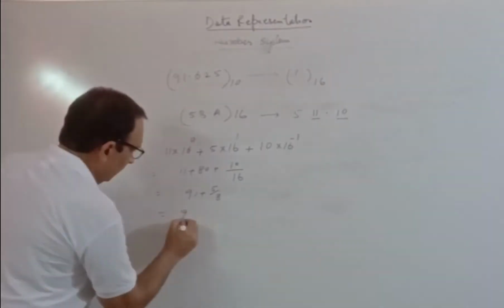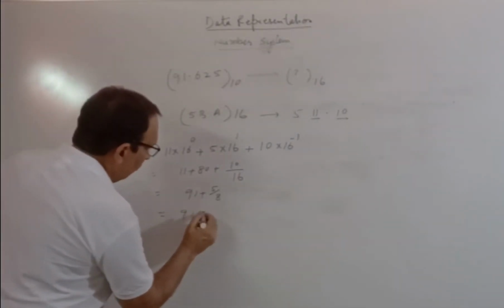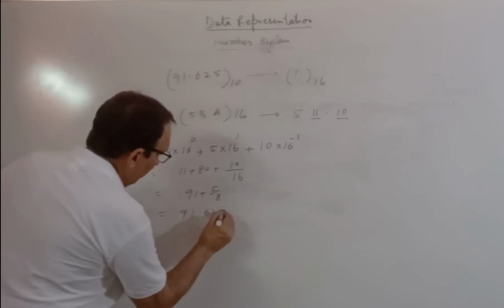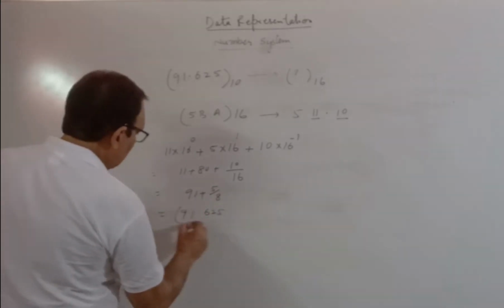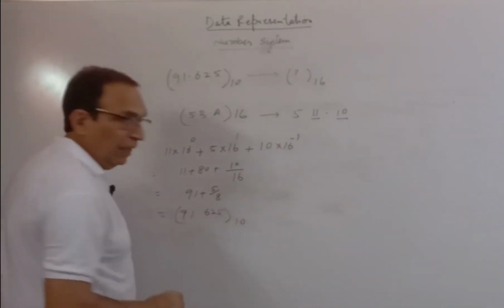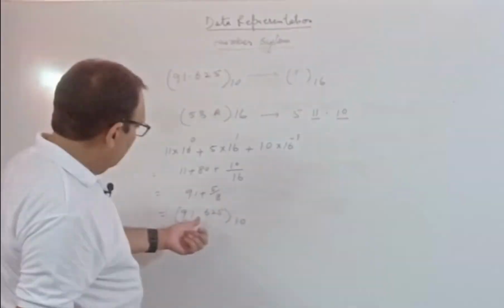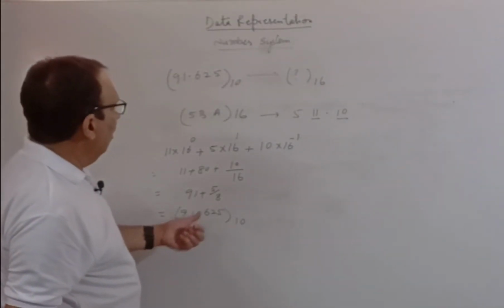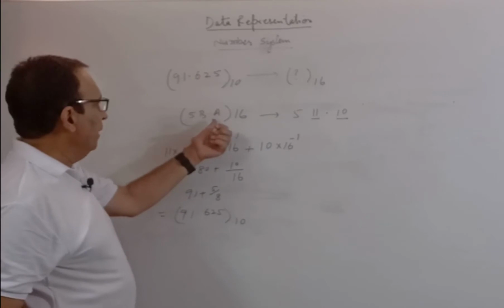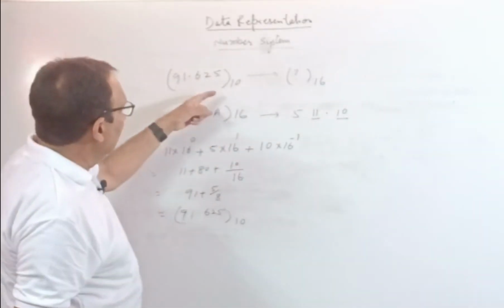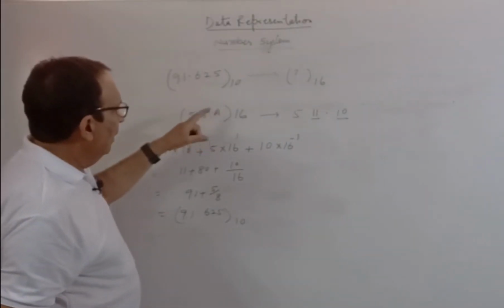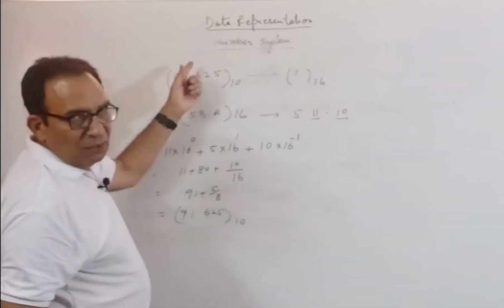And 5 over 8 when you calculate becomes 0.625. So you see, this is the decimal equivalent of hexadecimal 5B.A. So you can convert decimal to hexadecimal and hexadecimal back to decimal.